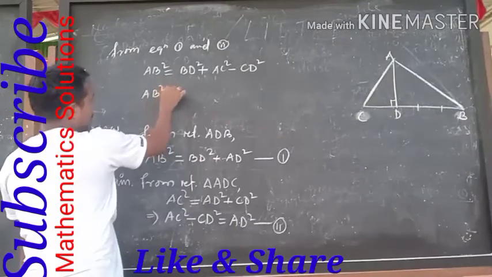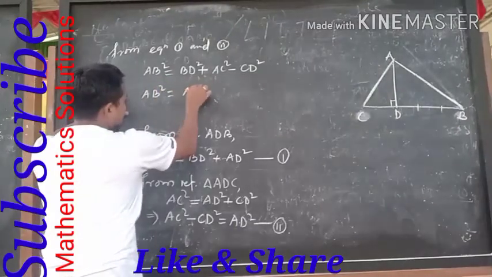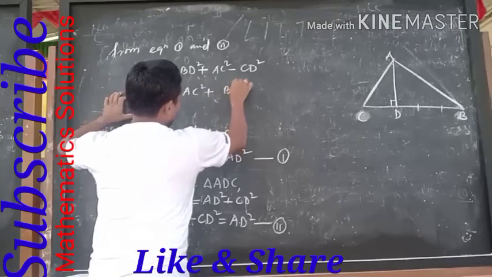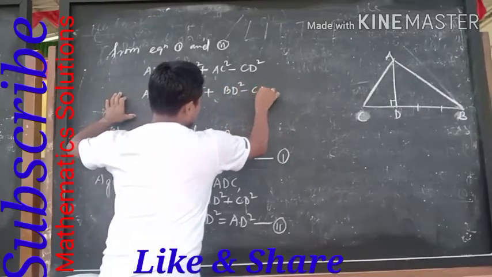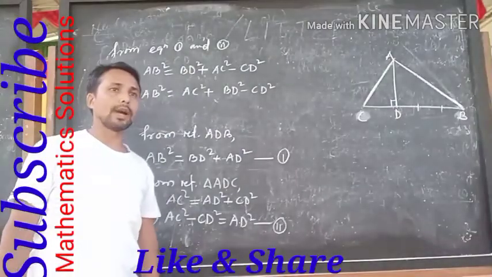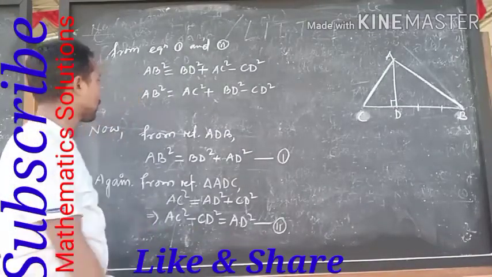Now AB square equals AC square plus BD square minus CD square.